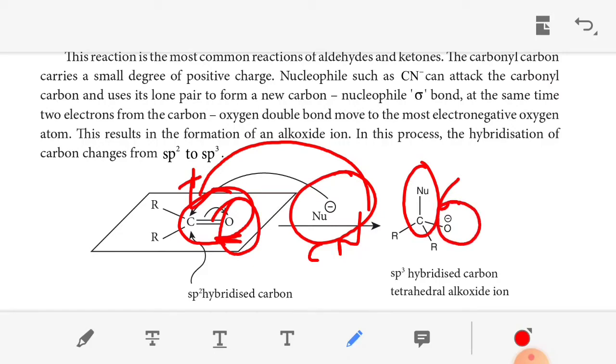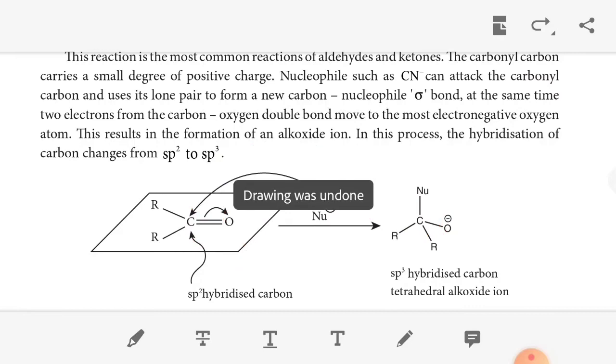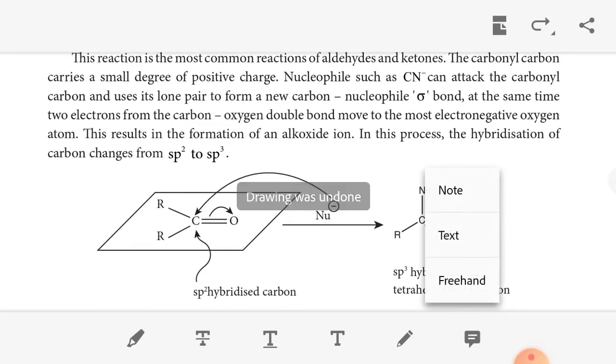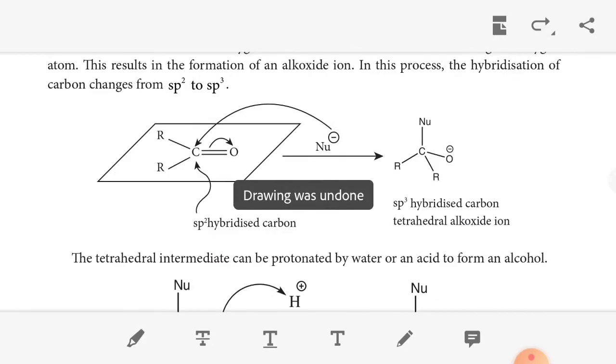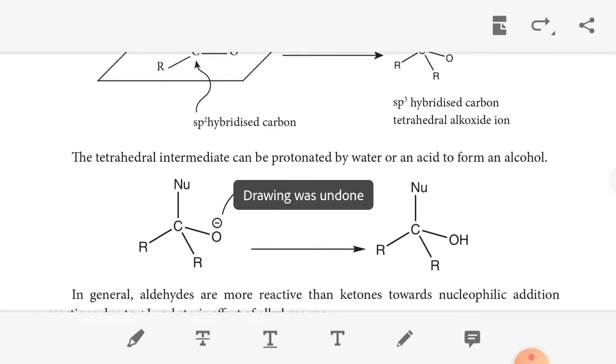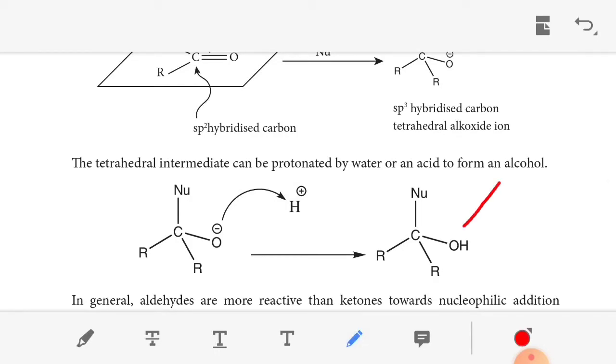In this process, the hybridization of carbon changes from sp2 to sp3 to form the alkoxide. The tetrahedral intermediate can be protonated by water or acid to form an alcohol. This is a nucleophilic addition reaction.